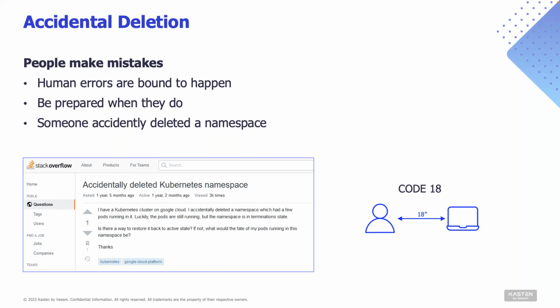When you accidentally delete a Kubernetes namespace, you are actually deleting all the services in that particular application. This can happen because it's a CLI command, and if the user has the rights to run kubectl to delete the whole namespace, it happens. How are you going to restore it?